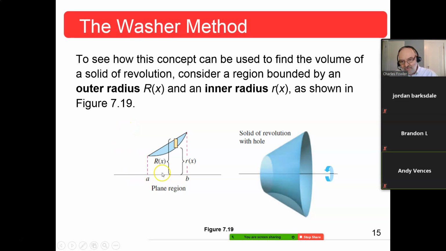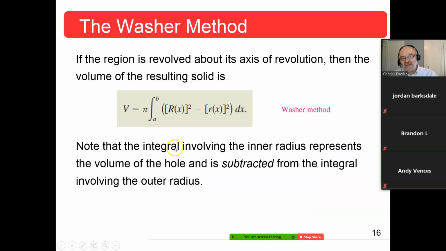This is where they cross here, this is where they cross there, or arbitrarily given whatever, that's the a to b, okay? And then your outer radius squared minus the inner radius squared, that's going to give you the volume of the big disk minus the volume of the small disk with the pi in front of it, and both of those, times your dx, that's the thickness of the disk, which is now a washer.